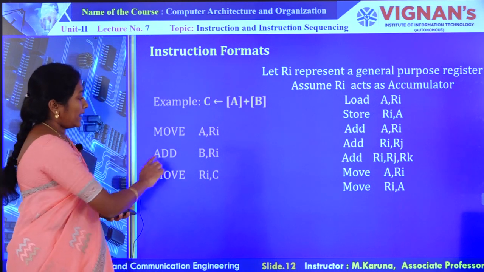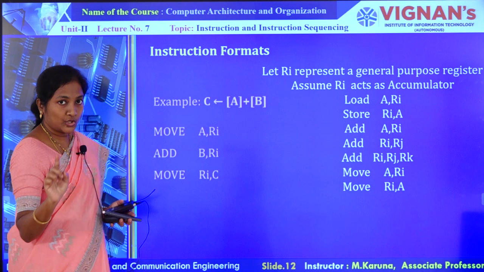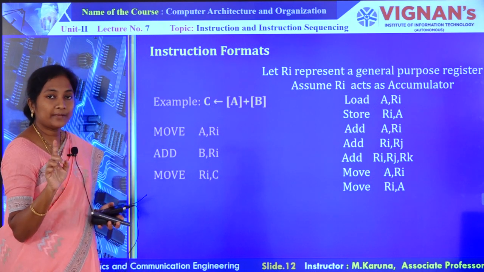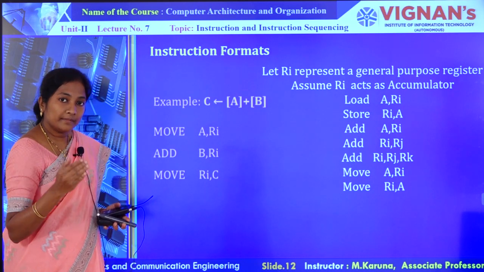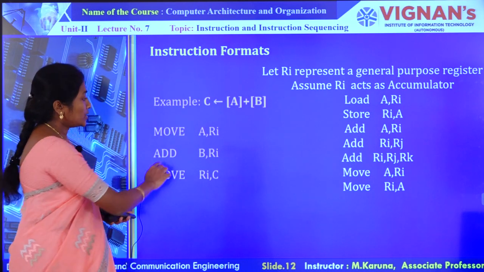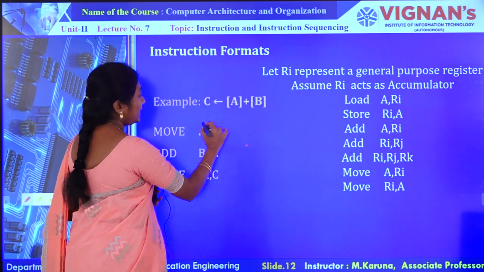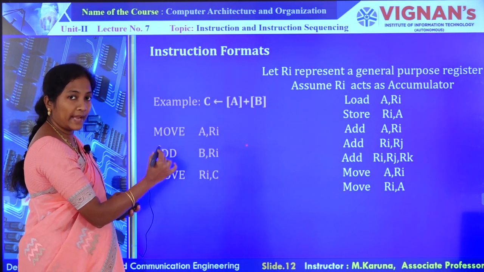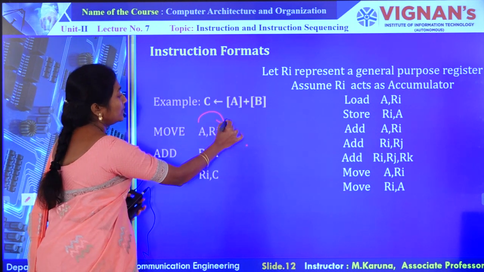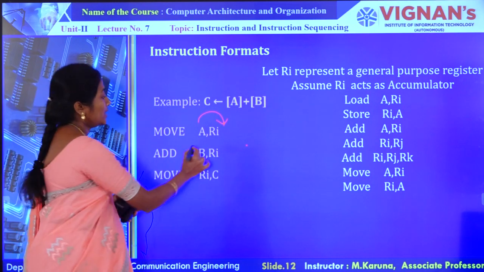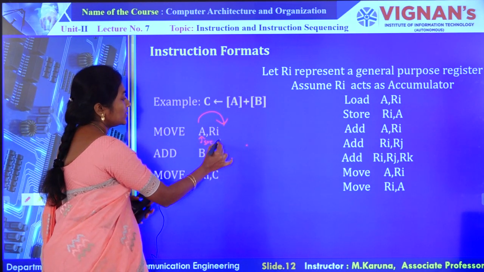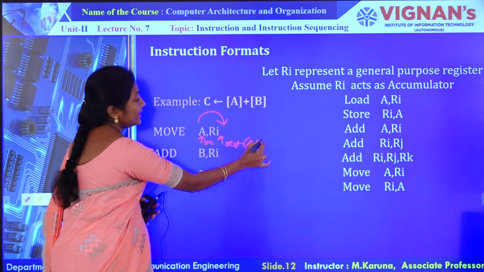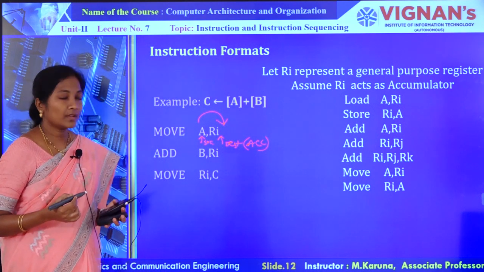Now the content is in accumulator Ri. Now perform the add operation between Ri and B memory location. So add B comma Ri. The data available in the memory location pointed by A will be transferred to Ri. So this is source, this is destination, which acts as accumulator.